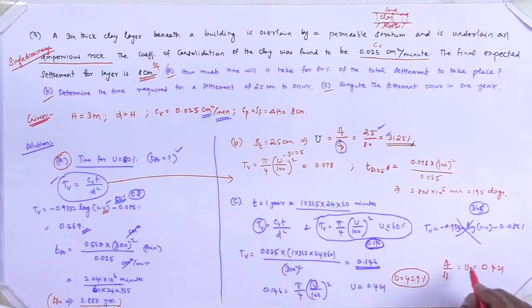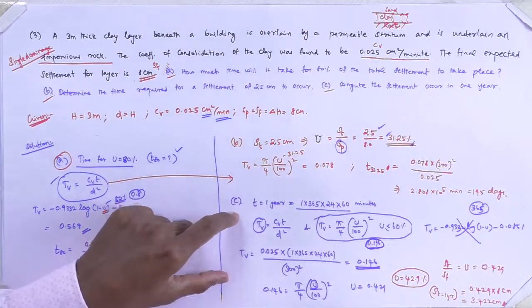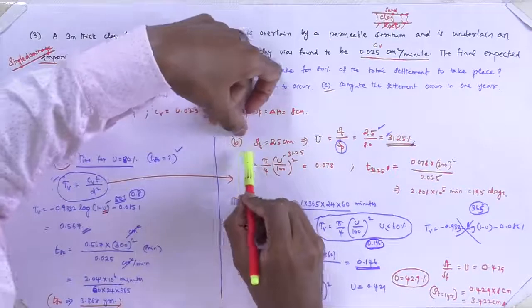At any time, settlement is ST. Here for 1 year we get 0.429 into 8 cm. So the final value it will give is 3.422 cm.